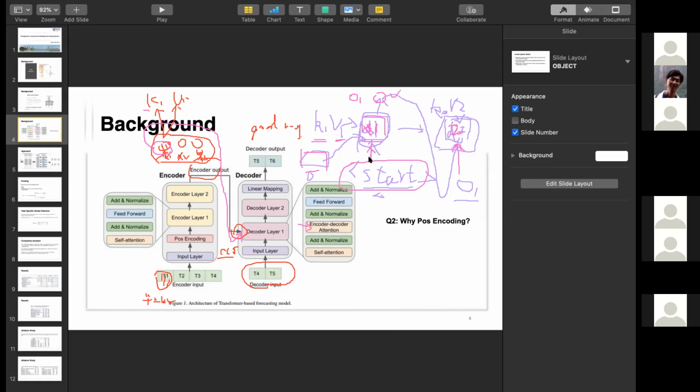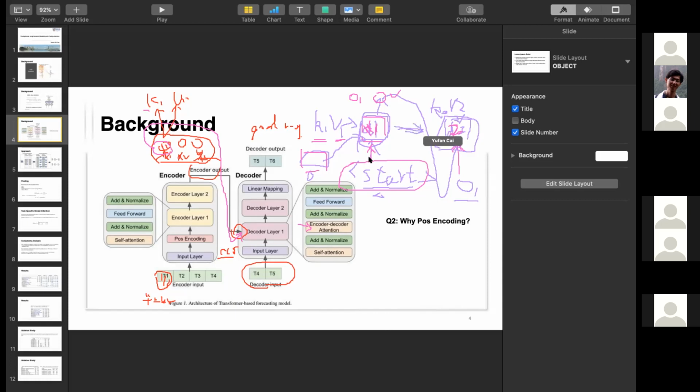The start token is actually an output like O1, O2, O3. But are O0 and O1 supposed to be equivalent? The neuron 0 is like D0 and D1, D2, because for D2 you have the information from D1 through this line.